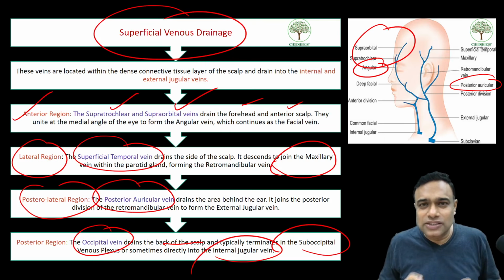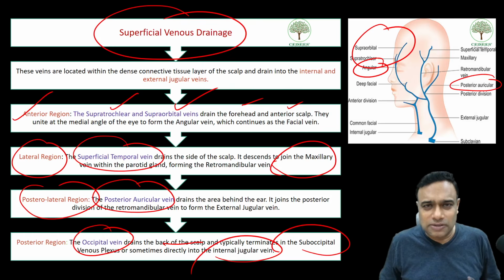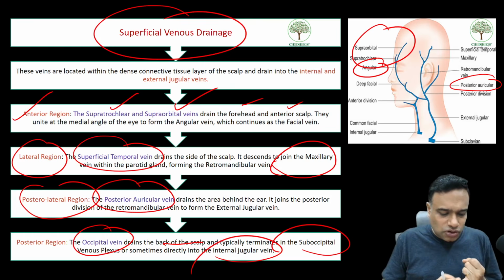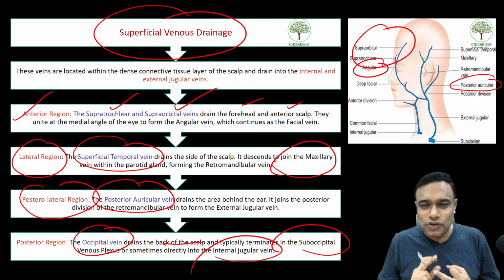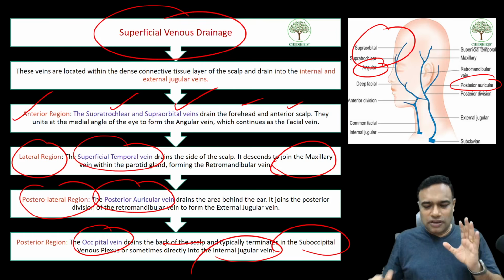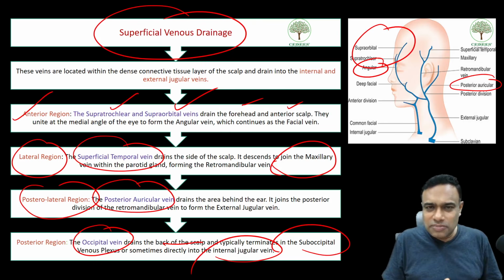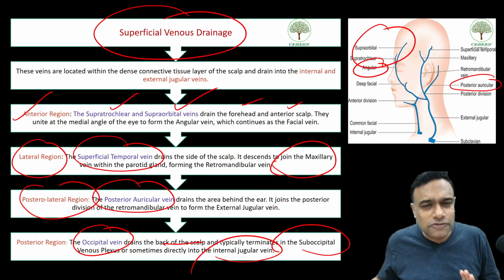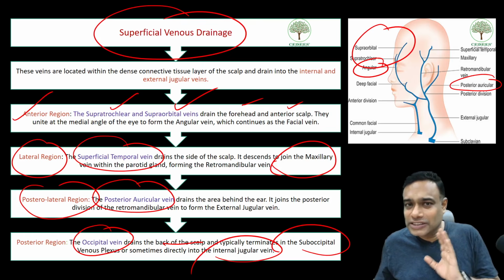So this is the superficial venous system. Let me repeat again. Supratrochlear, supraorbital, superficial temporal, posterior auricular, and occipital. If you've learned these and you remember this a little bit, you've done your superficial venous drainage of the scalp.